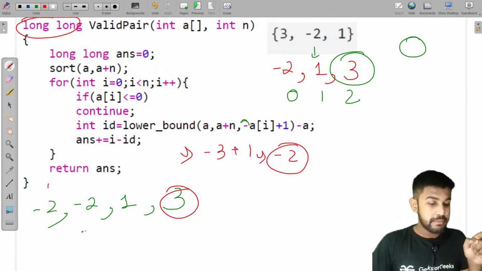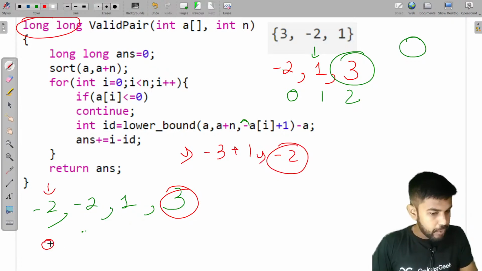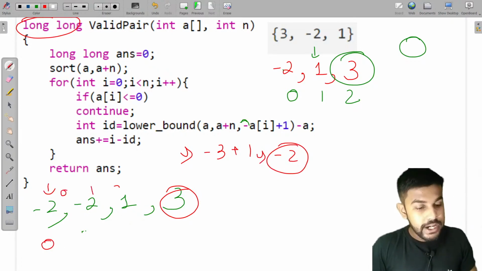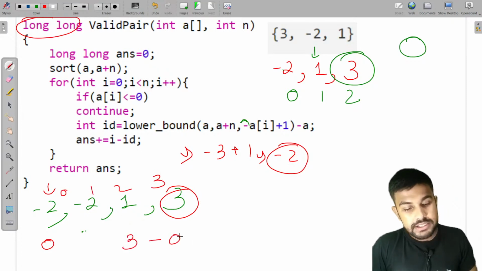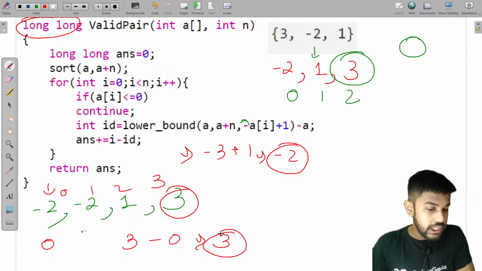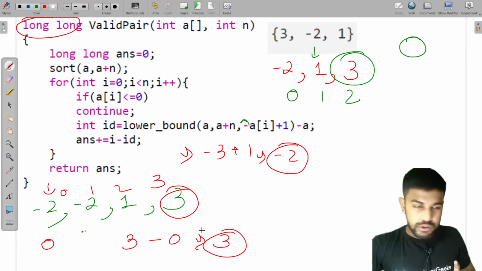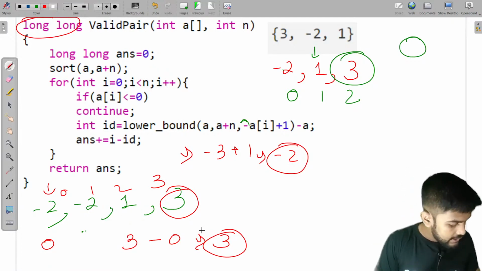So we would search the -2 value, and the lower bound would report me 0. So indexes 0, 1, 2 and 3. So 3 minus 0 is equal to 3. So there are 3 pairs with 3 that would tell the answer as greater than 0. Is this clear? So this negative duplicate case is also done.